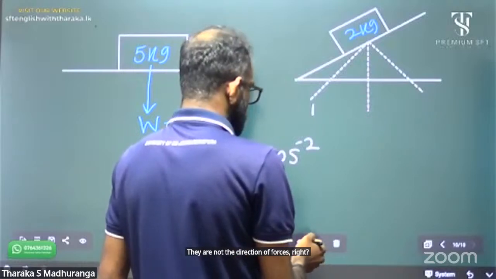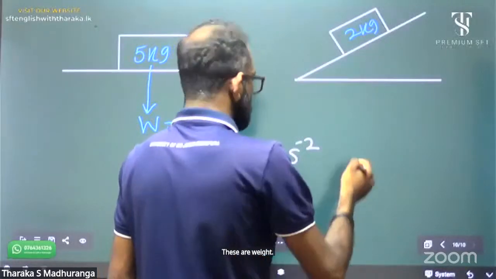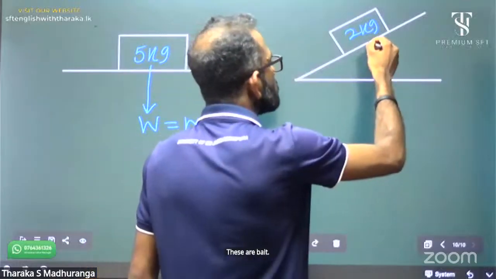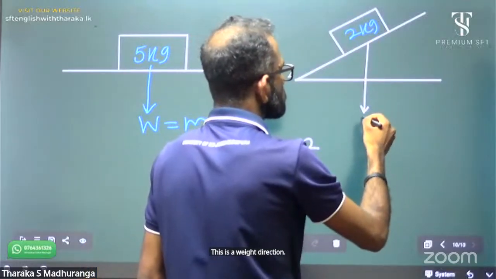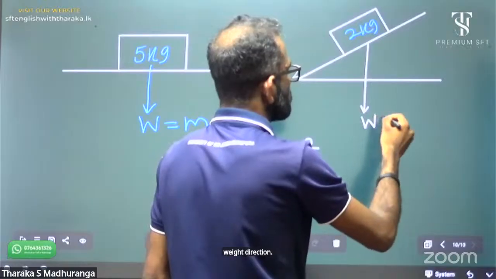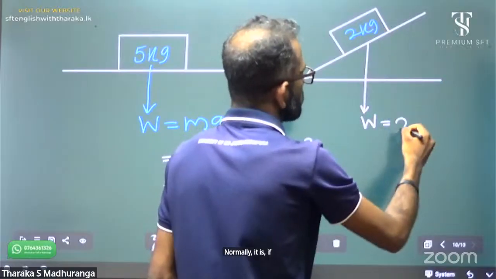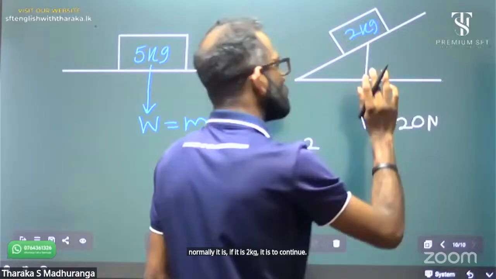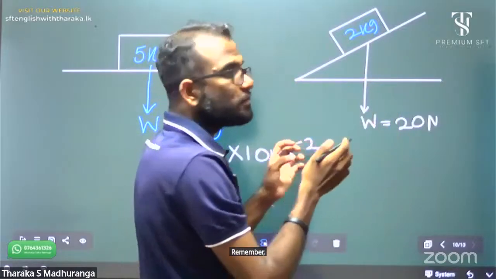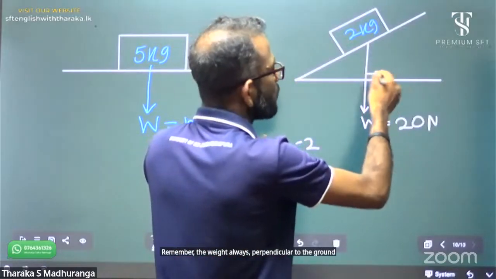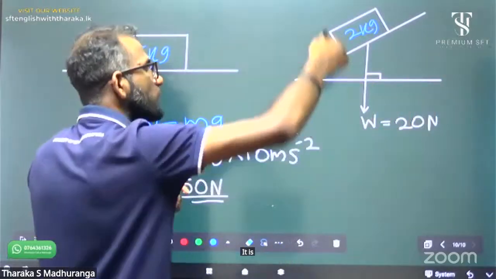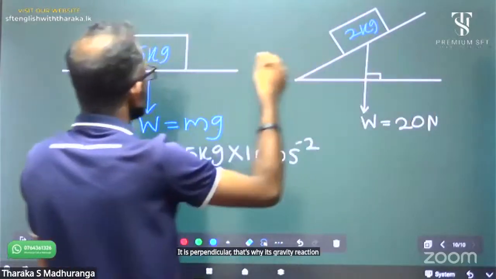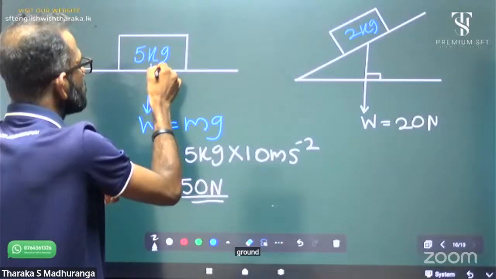Normally if it is 2 kilogram, it is 20 Newton. Remember, the weight is always perpendicular to the ground level. That's why gravity direction means perpendicular to the ground level, right?